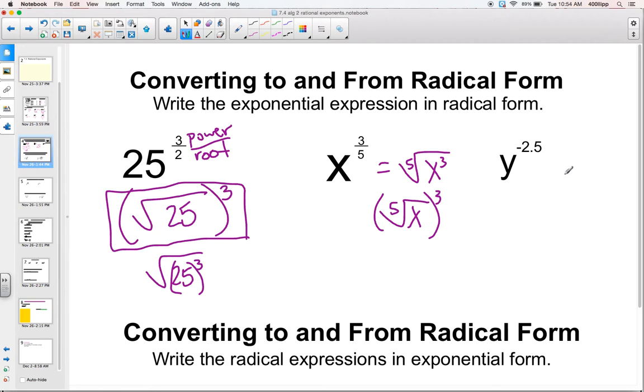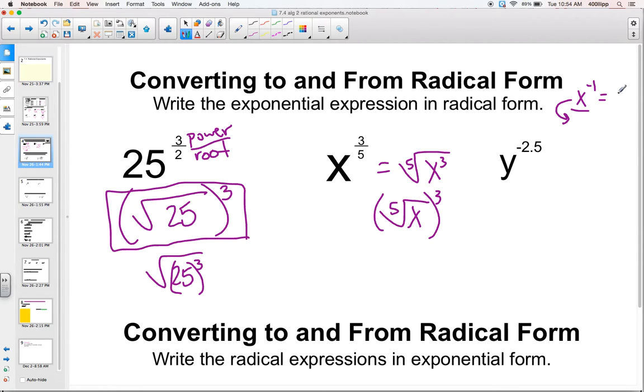This one here, okay, so the first thing we need to do is we need to get this negative out of the exponent. So we should all remember that x to the negative 1, if we have a negative exponent, in order to get rid of that, we need to bring this part that has the negative exponent to the denominator.